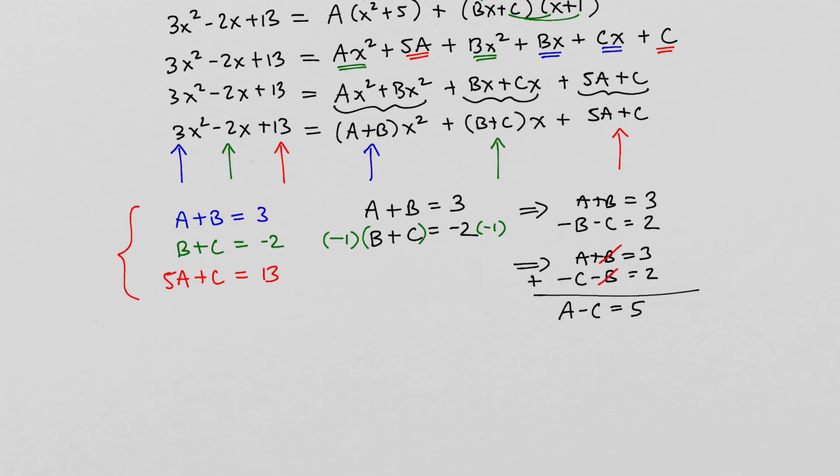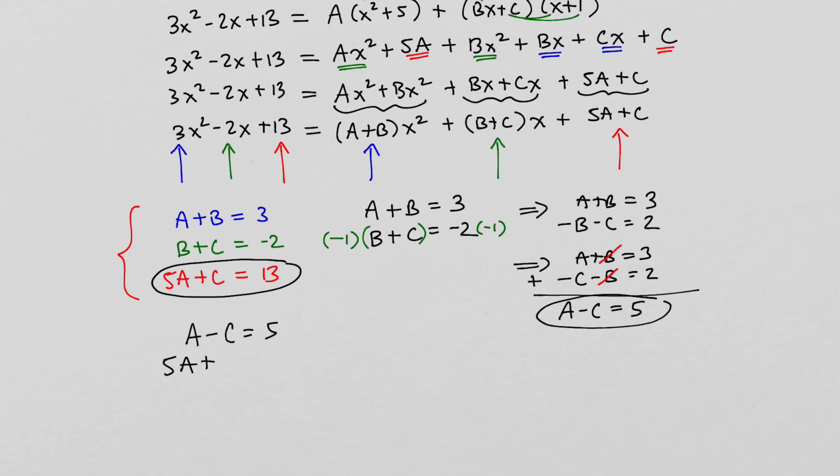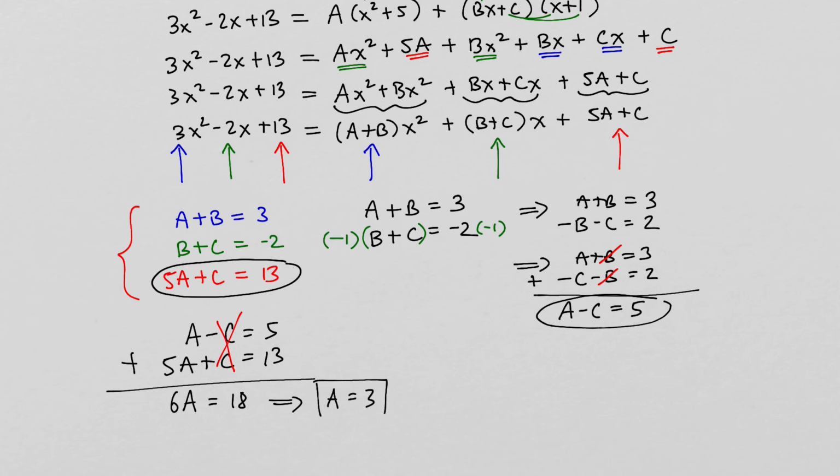Now, why is that a good thing? Well, if I take the last equation here and I put it together with this equation, you can see that we get a little bit lucky here. If we add these together, the c's cancel out and we get 6a is equal to 18. And that means that a equals 3.